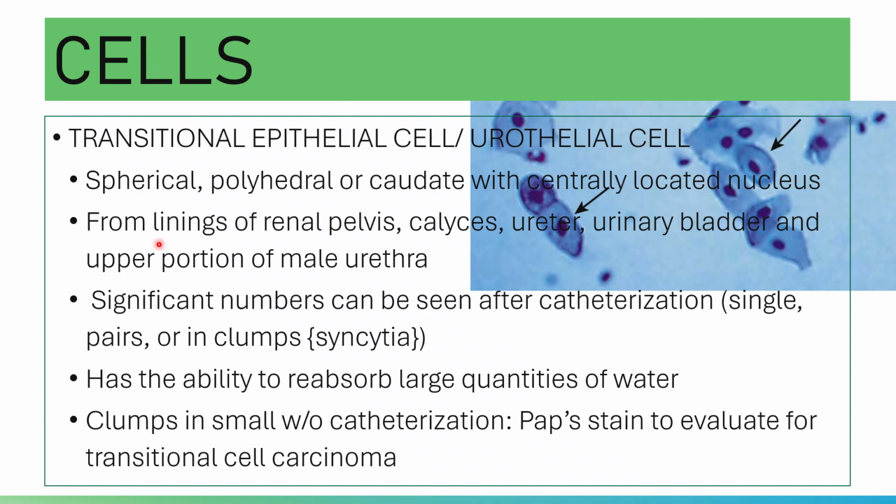They line the urinary tract from the renal pelvis to the lower third of the urethra. And please note that they are smaller than your squamous epithelial cells.